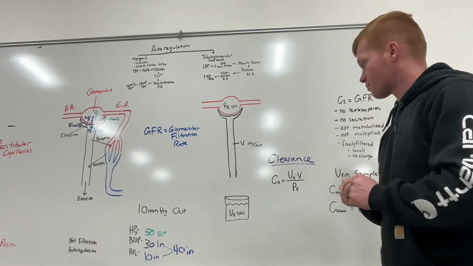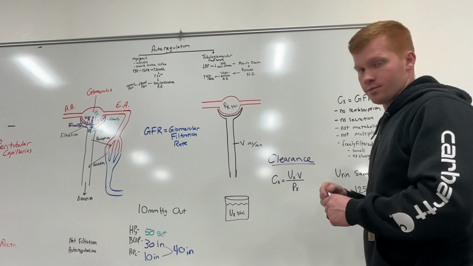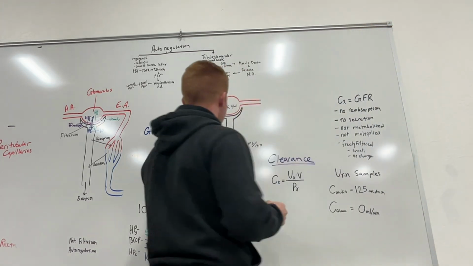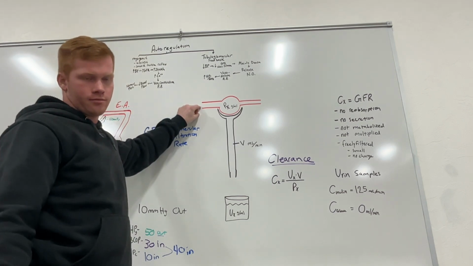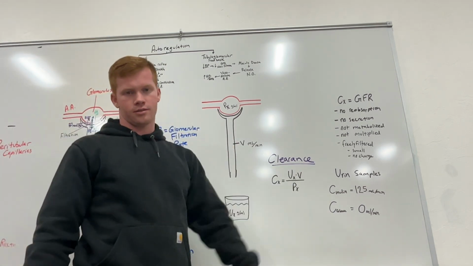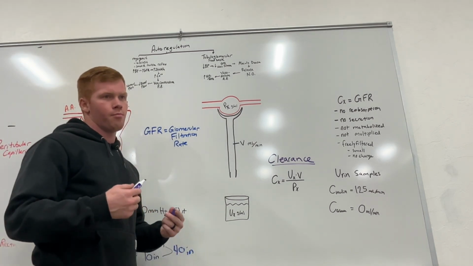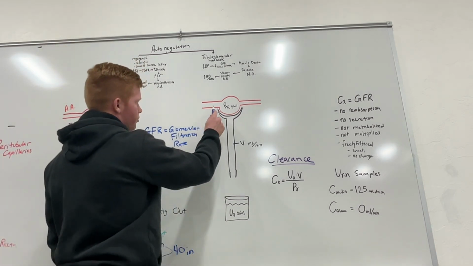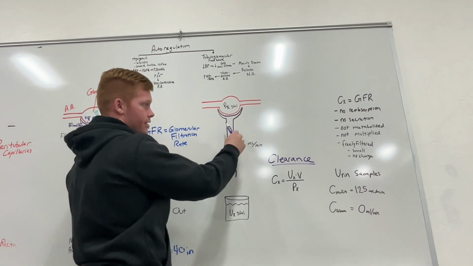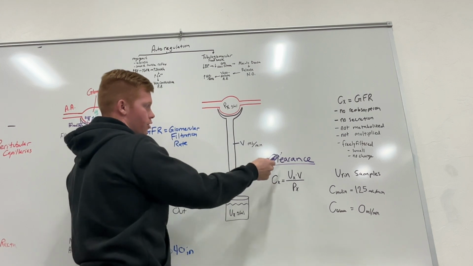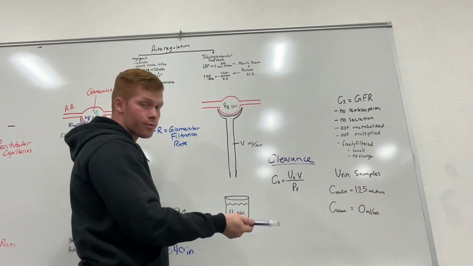So for example, using this picture here, let's say a substance comes through in the blood and it's 125. I think it's 125 milligrams. It goes through, it gets filtered, but it doesn't get reabsorbed. No more of it gets secreted in, and all of it gets excreted. So 100% gets excreted.